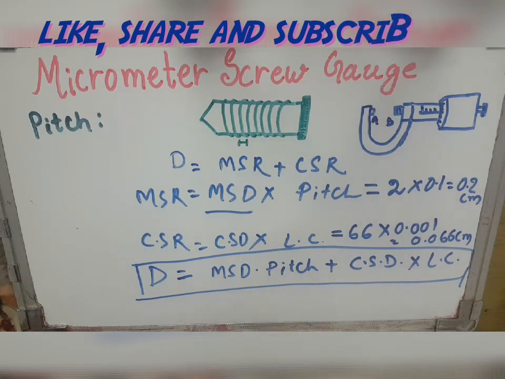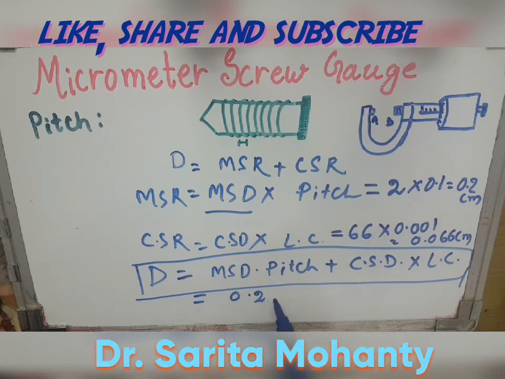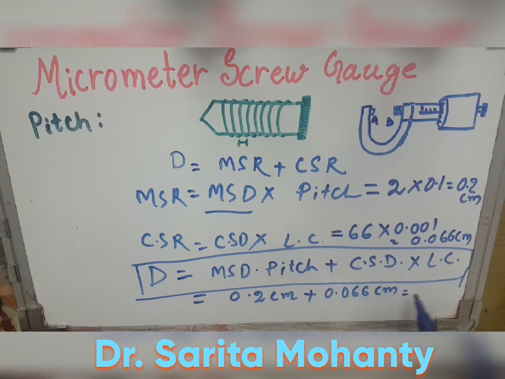So here in our example, the diameter comes out to be 0.2 centimeter plus 0.066 centimeter, which equals 0.266 centimeter, which is the observed diameter of the wire.